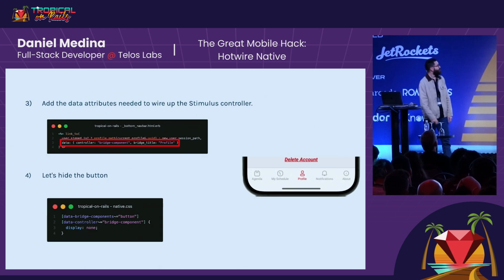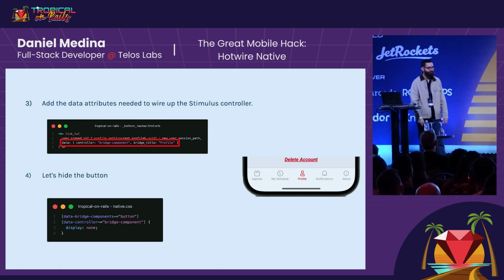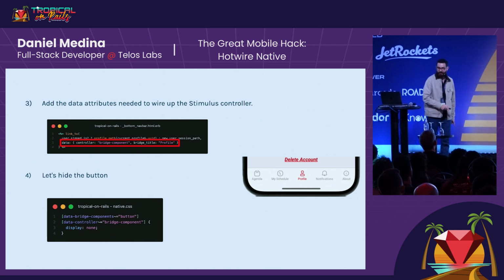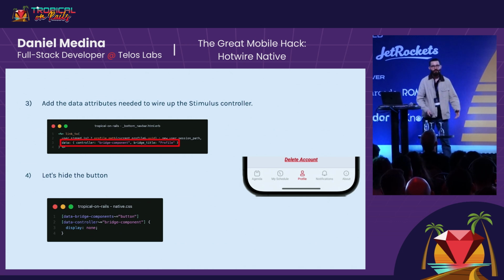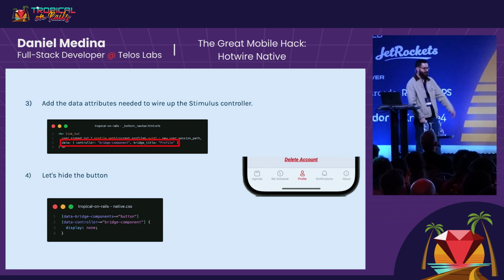And then to the profile button, I added the data attributes needed to wire up the stimulus controller. I'm telling it, OK, use the controller, the bridge component, and use this title, the bridge title, the profile. Remember that, please. In this case, it's profile. Then, at the end, we want to hide this profile button. There are multiple ways to do it. We can add the display none CSS class that we did earlier. But also, there's another option to let you know if it has these attributes, hide it, once and for all.